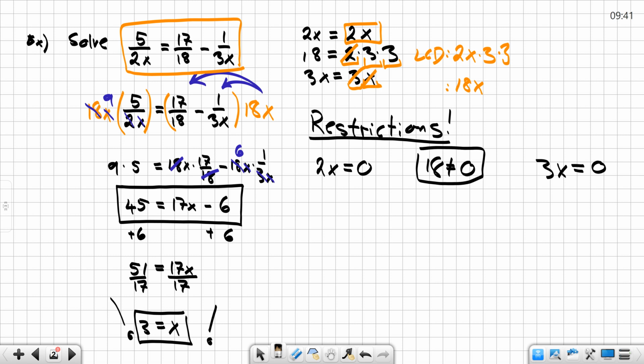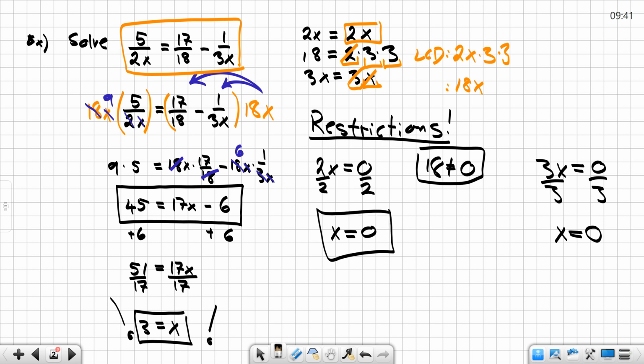But for the left and the right one, I divide both sides by 2, and I divide both sides by 3. And I get that x equal to 0 would turn the denominators into 0. So the restriction is 0. Now, the solution that we found was 3.